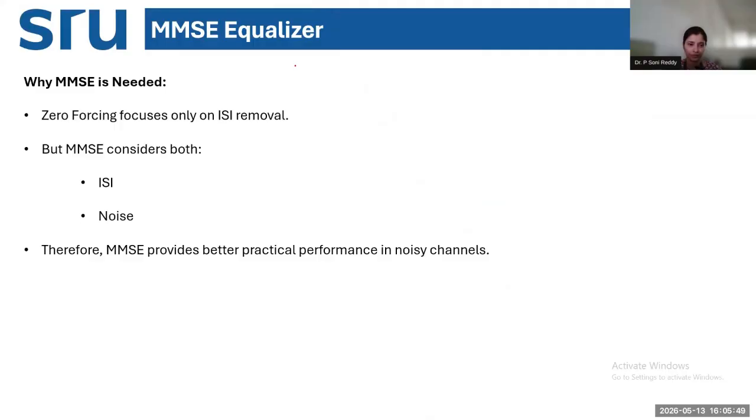Why is this MMSE equalizer needed? We have already discussed this just now. Because zero forcing equalizer focuses only on ISI removal. It does not consider noise removal. Actually, zero forcing enhances the noise. It does not remove the noise.